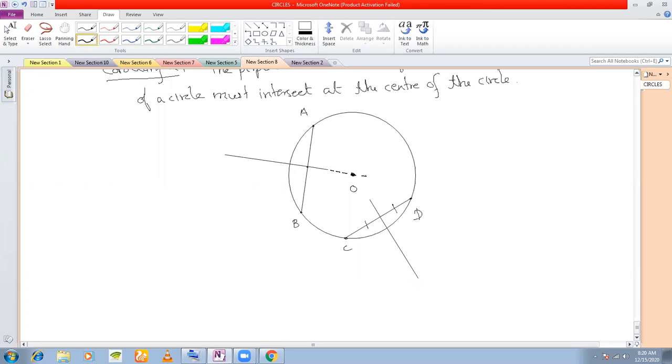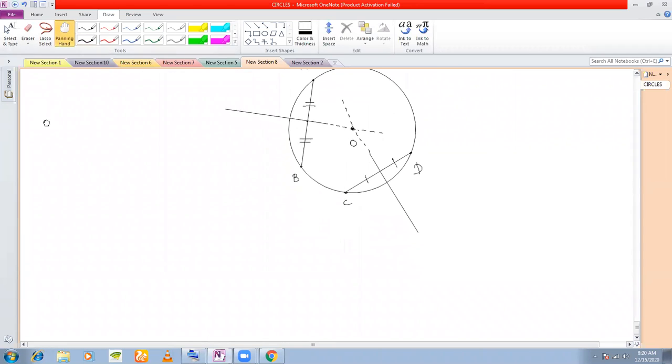These two perpendicular bisectors will intersect each other at the center of the circle. That is what it means. Any questions or given?